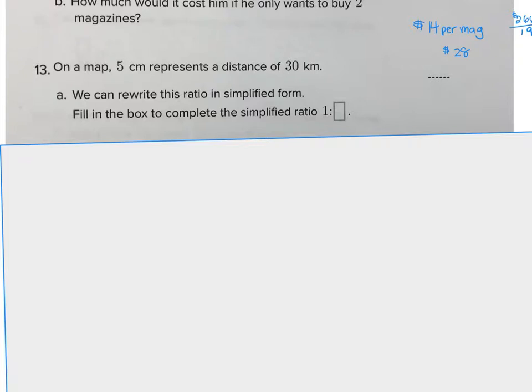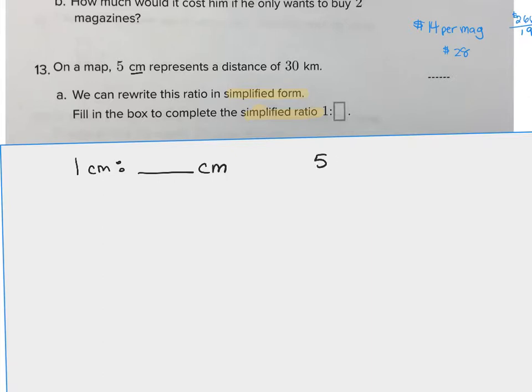When you see the words simplified form or simplified ratio, they want one of the small units, so in this case it's centimeters, is to how many centimeters? It's a centimeter to centimeter ratio. So your job is to first figure out what the current ratio is.